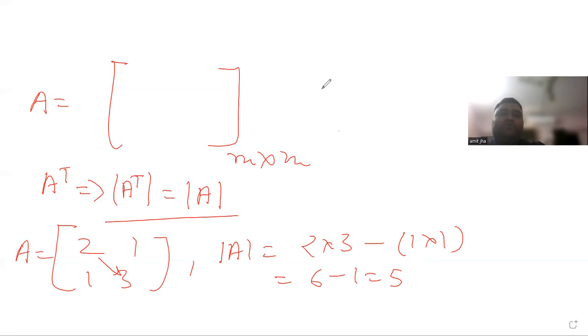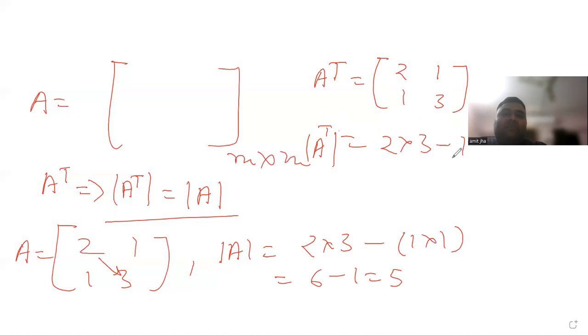And if I transpose the same, A to the power T, then technically my row will convert into a column. That is 2, 1. And the second row will also convert into a column, that is 1, 3. Then if I wish to solve the same, what will be my result? Like magnitude, again 2 times 3 is 6 minus 1 times 1, which equals 5.